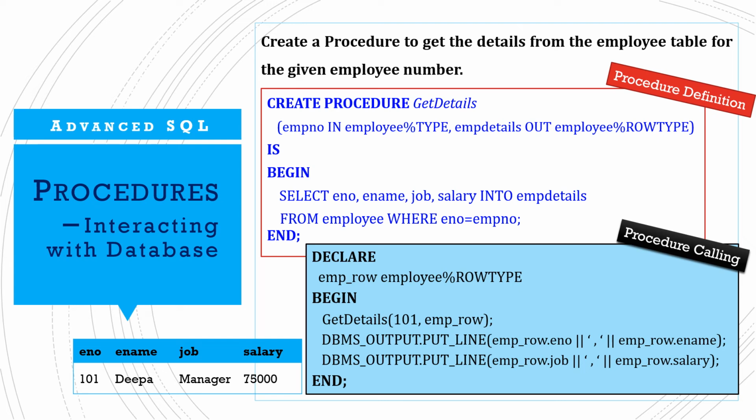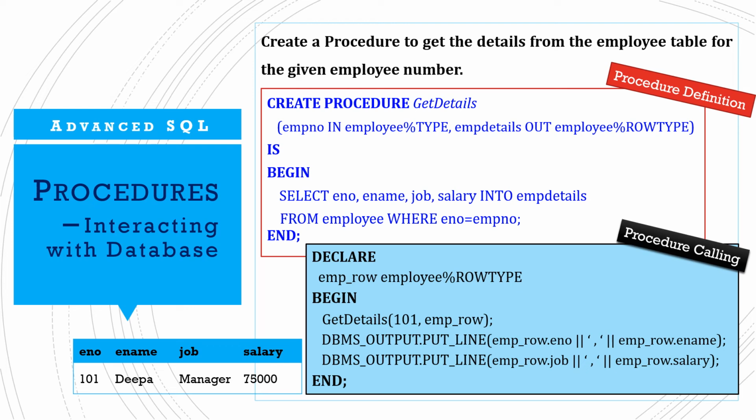So with the help of this print command, we can display those values: emp underscore row dot e number, emp underscore row dot e name, likewise emp underscore row dot job and emp underscore row dot salary.